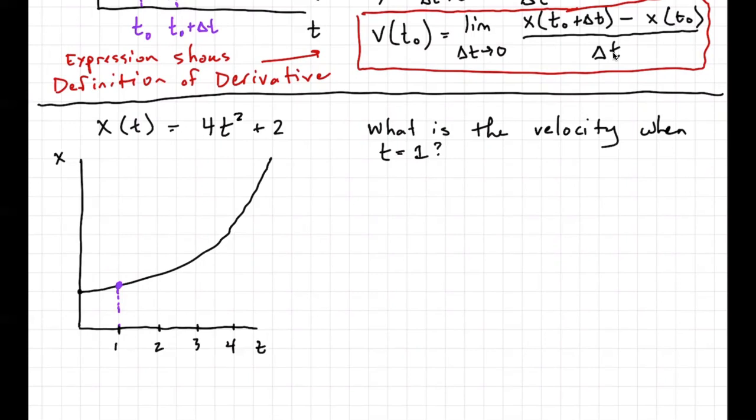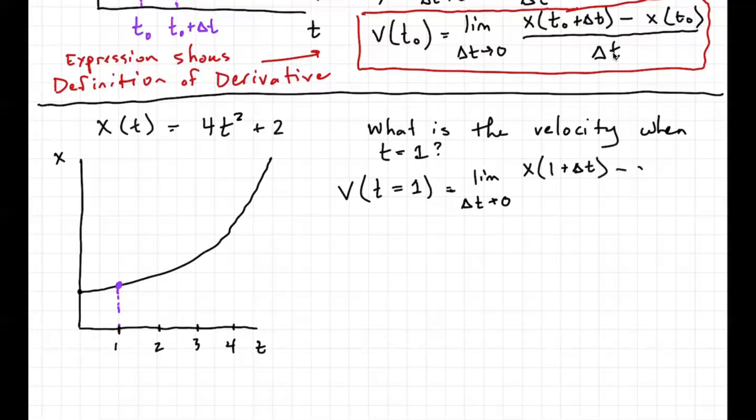So what we need to do is use this expression up here that we came up with for velocity. What we're saying is the velocity when time equals 1 is equal to the limit as delta t goes to 0 of the position just a little bit more than 1, minus the position at 1, divided by that little bit of time.